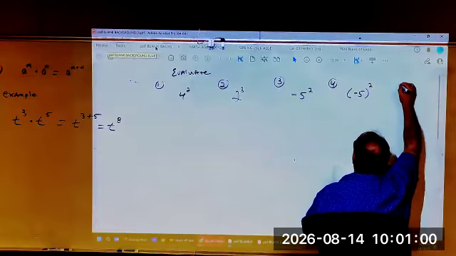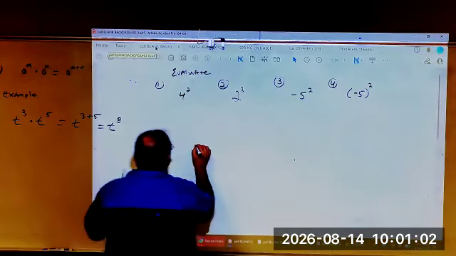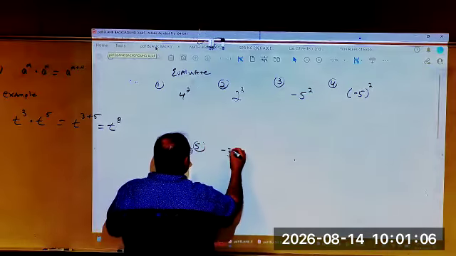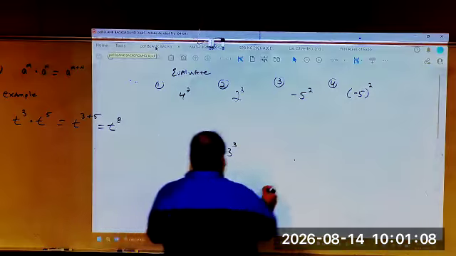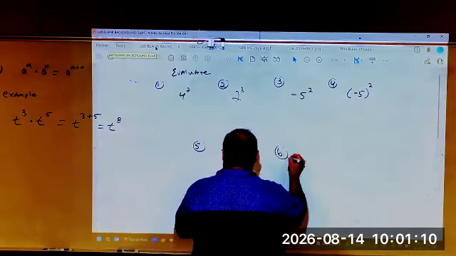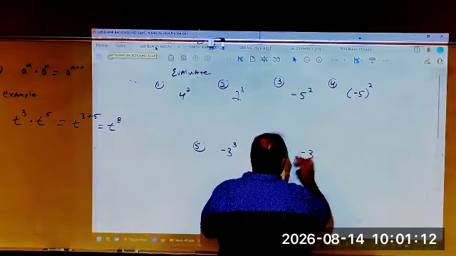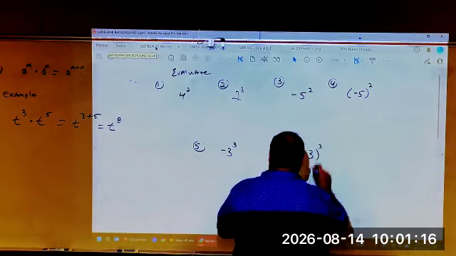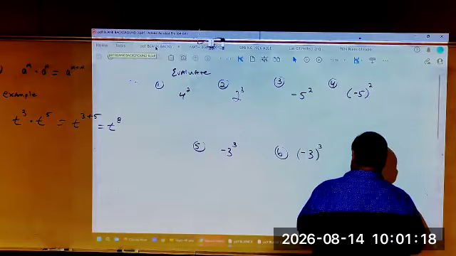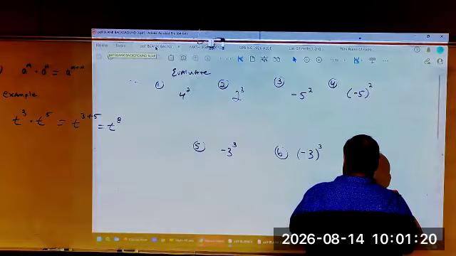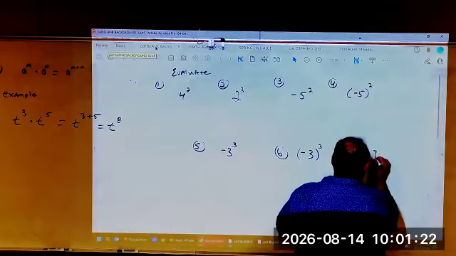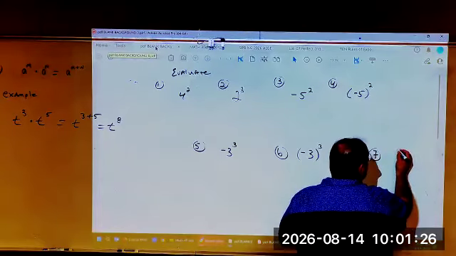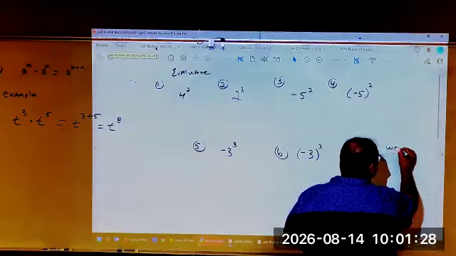Number 5, -3 to the third. Number 6, -3 to the third. Number 7. Write the answer in exponent form.